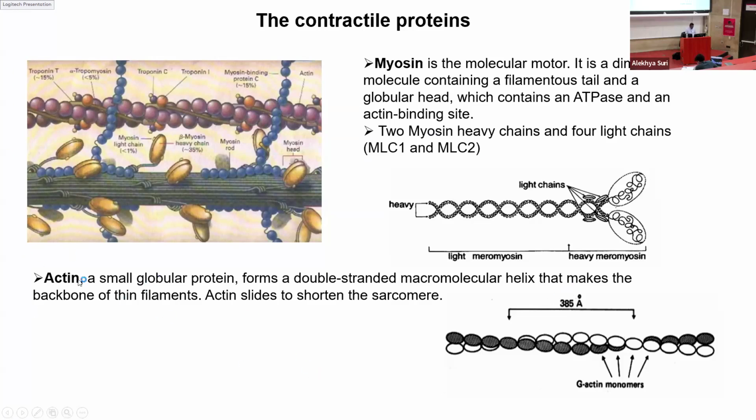The second important protein is actin, which is a small globular protein that forms filamentous actin, and it interacts with myosin and thereby slides over the myosin head, resulting in muscle contraction.